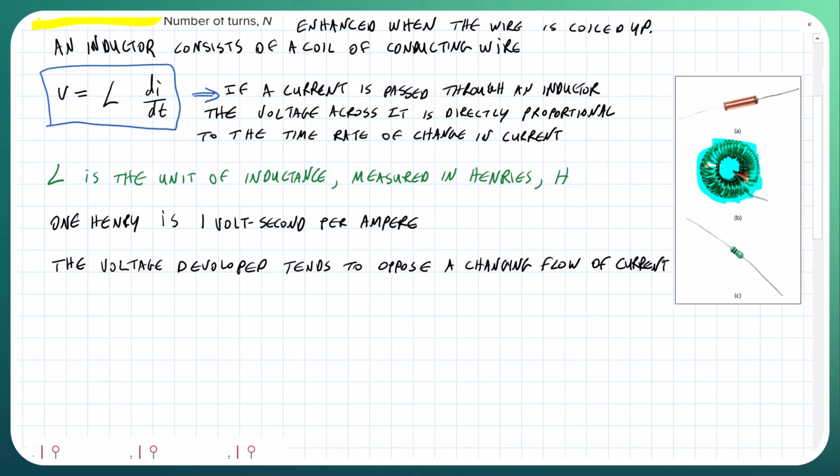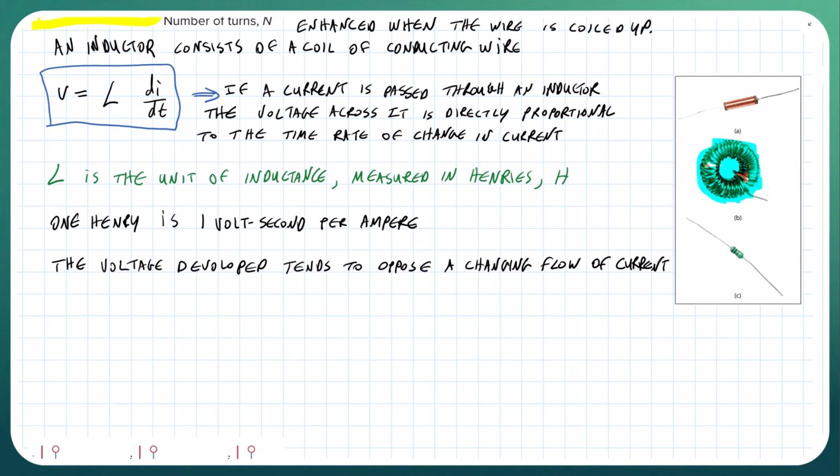Okay. So we can further define this: inductance is a property whereby an inductor exhibits an opposition to the change of current flowing through it. Okay, and it's measured in henries.